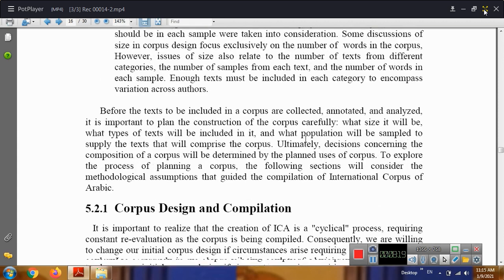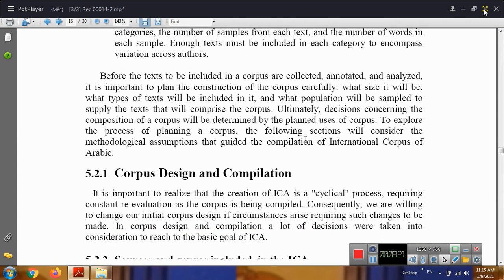Here you can see some features of the ICA. Before the texts to be included in a corpus are collected, annotated, and analyzed, it is important to plan the construction of the corpus carefully: what size it will be, what type of text will be included in it, and what population will be sampled to supply the text and will comprise the corpus.